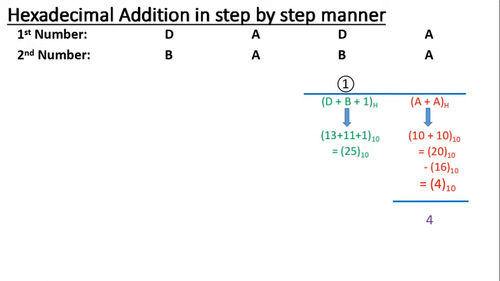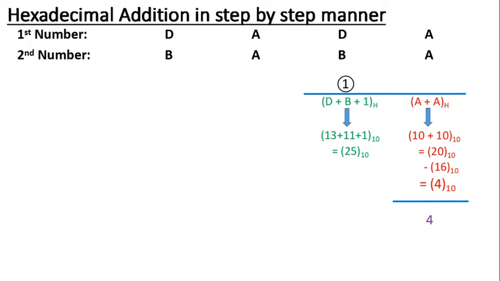Each element of D plus B plus 1 is to be converted to its decimal equivalent. We know that D is equal to 13 decimal, B is equal to 11, and 1 hexadecimal is 1 decimal itself. So it is ultimately 13 plus 11 plus 1 decimal, which comes to 25 decimal.